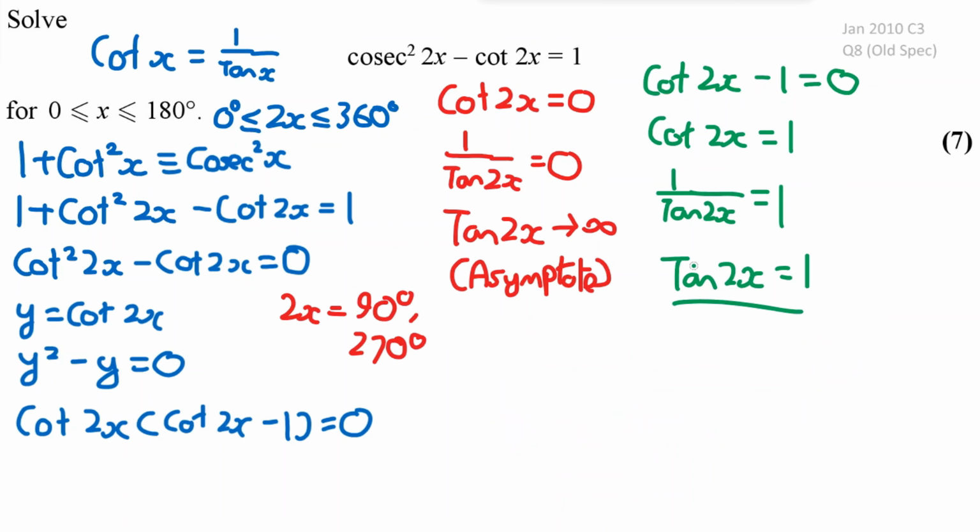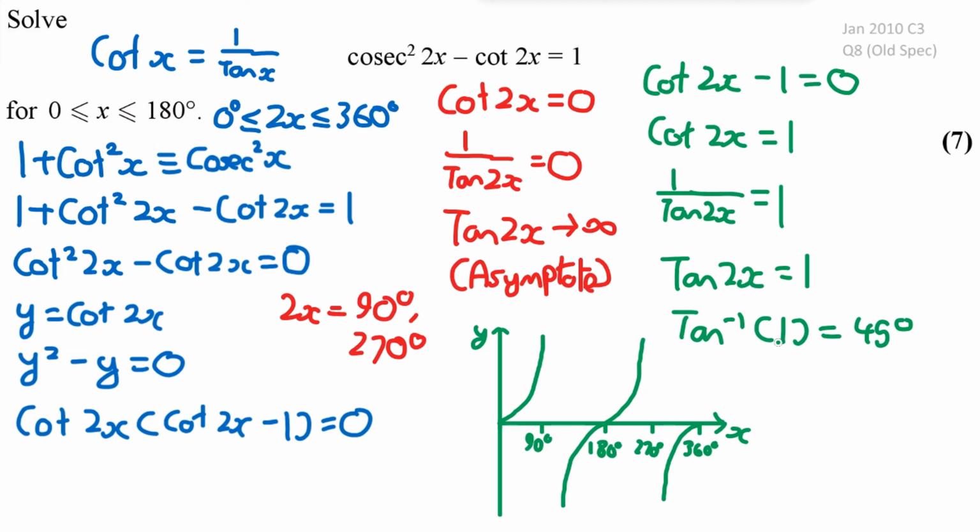And now we need to solve the equation tan of 2x is equal to 1. So the inverse tan of 1, if you put it into your calculator, is equal to 45 degrees. So here's another tan graph in the interval 0 to 360, and we'll say 1 is about here. So we have two solutions. We already know this one is 45 degrees, and therefore we know the difference between 0 and 45 is 45.